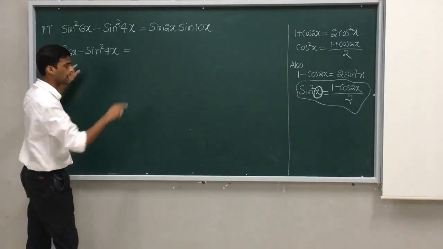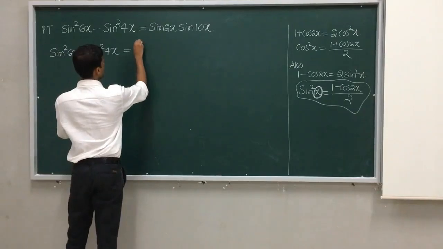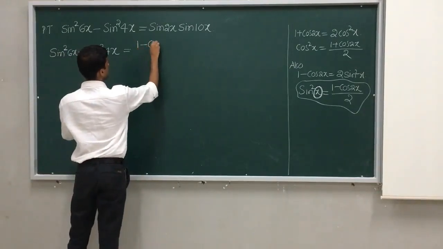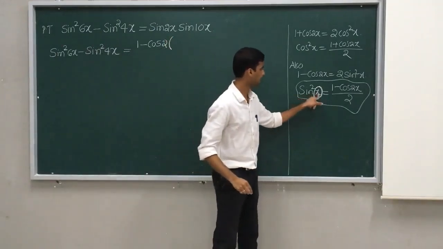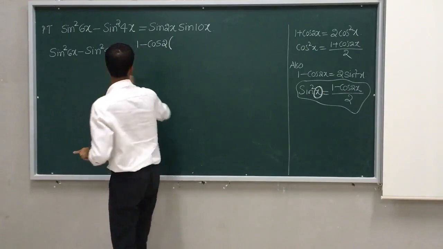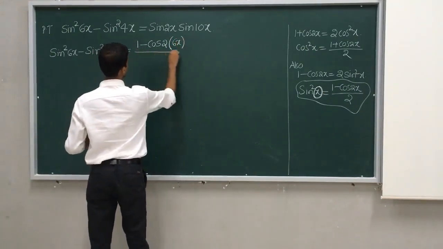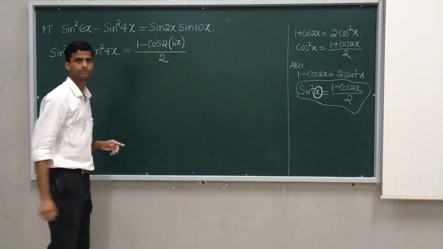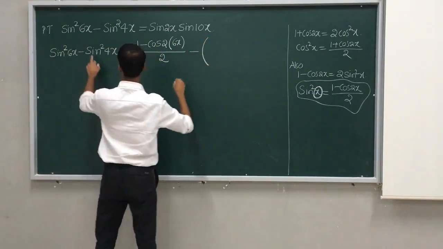Therefore I will write as per this formula, that is 1 minus cos 2 times of, here for x, but here you have 6x, no? It becomes 2 times 6x, divided by 2. Minus, put bracket, sin² 4x.